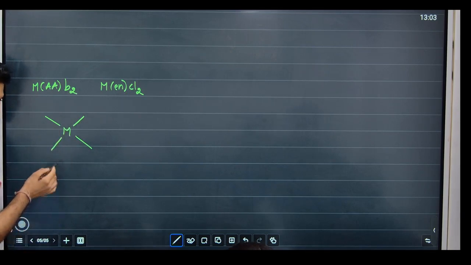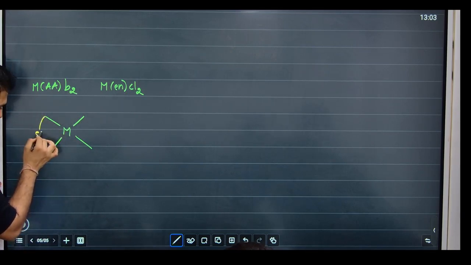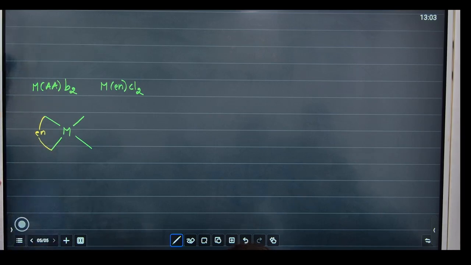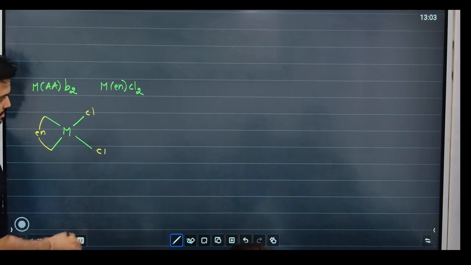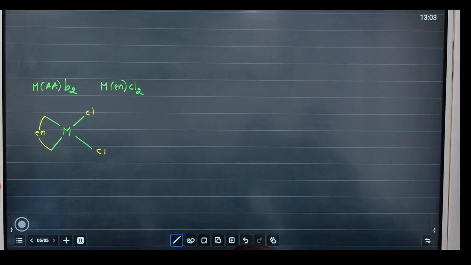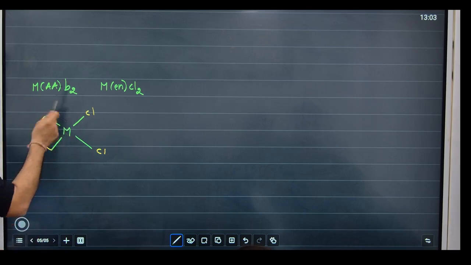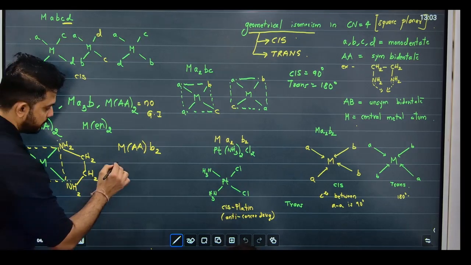En is ethylene diamine. शॉर्ट फॉर्म में ethylene diamine ऐसा शॉर्टकट में ऐसे ही बना सकते हैं. Cl. What can be any other form of this? You can put Cl here or take en ऊपर से. Possible है क्या? Nope. So will this show any GI? Nope.